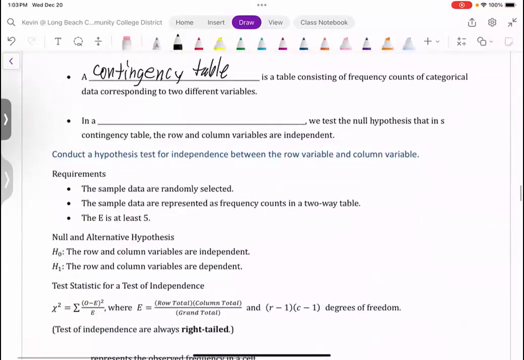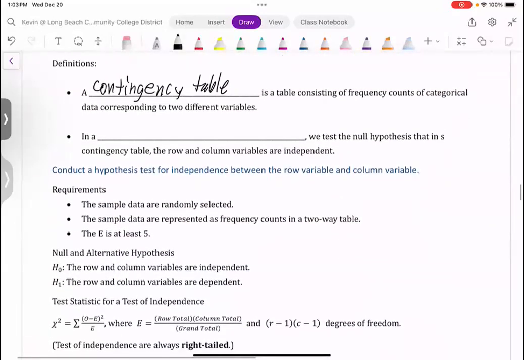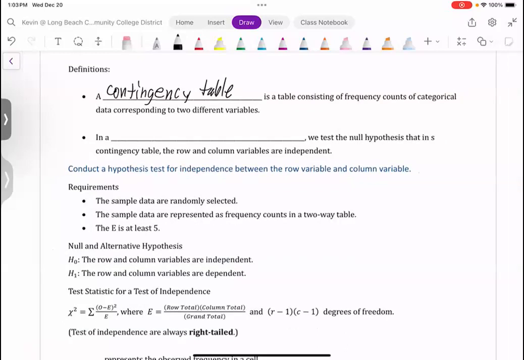That's right. And in a test for dependence, we test the null hypothesis that, in a contingency table, the row and column variables are independent. That's what we're testing for.